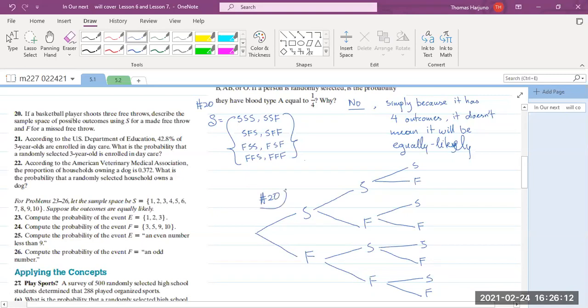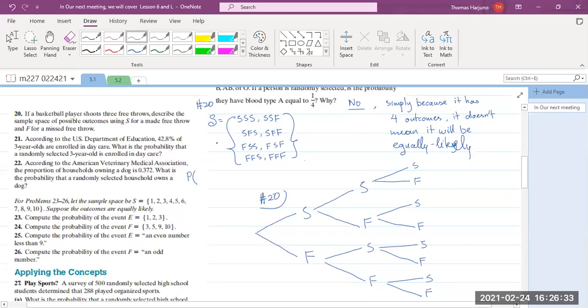Number 22, according to the American Veterinary Medical Association, the proportion of households owning a dog is 0.372. What is the probability that a randomly selected household owns a dog?